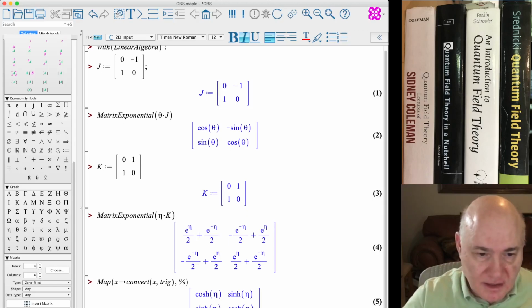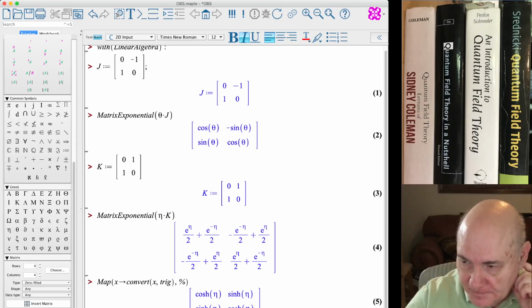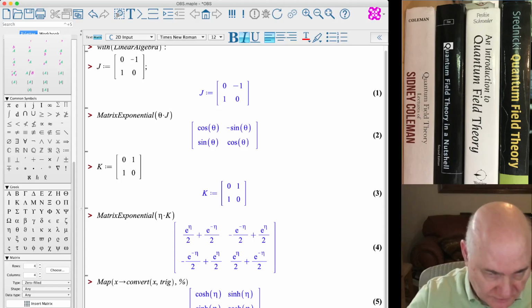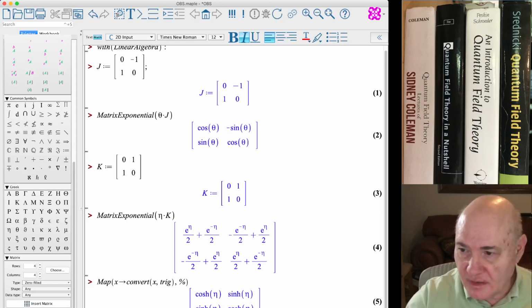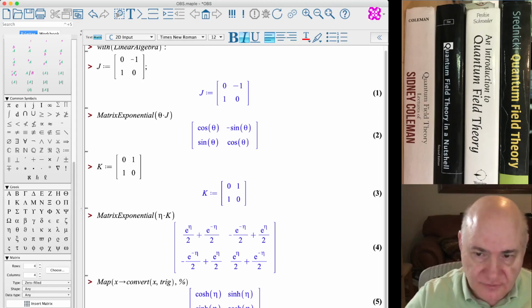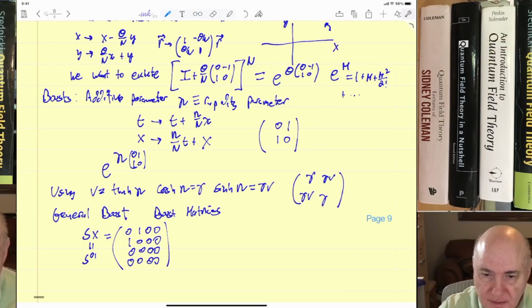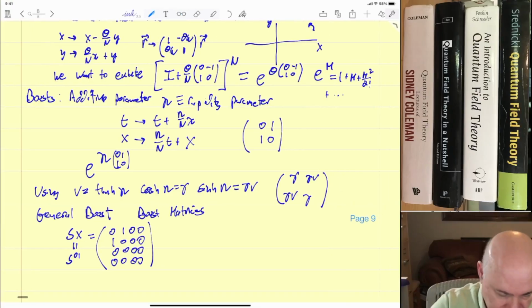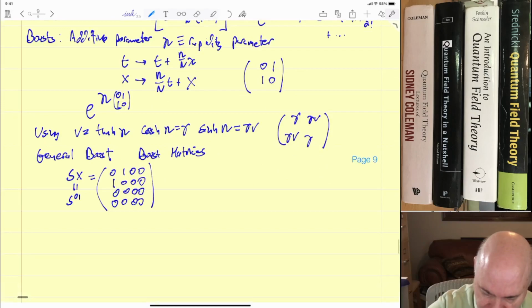And now what we're going to be doing is our spin S, the total spin S, is going to be the vector n dot S. Let's see, what notation did I use?